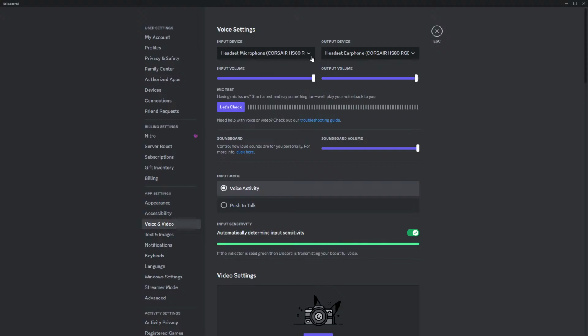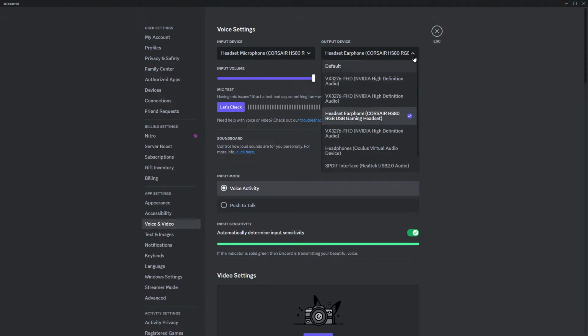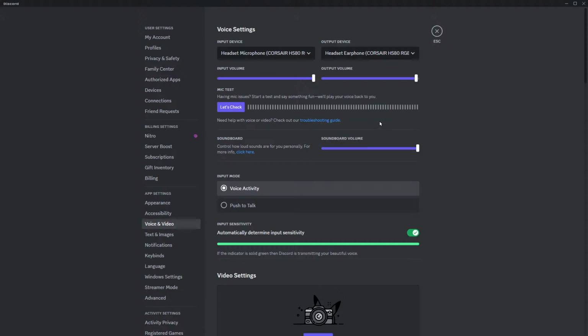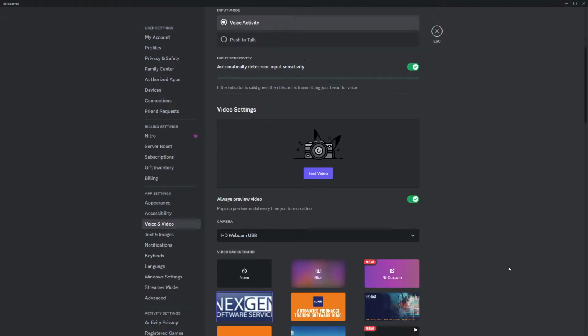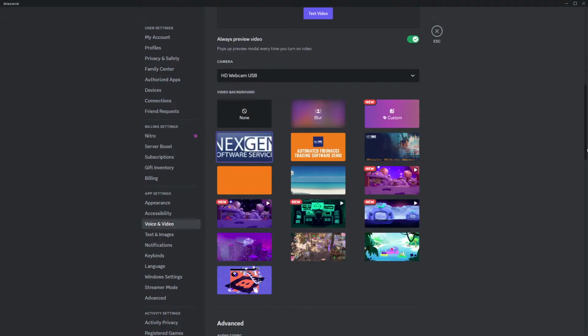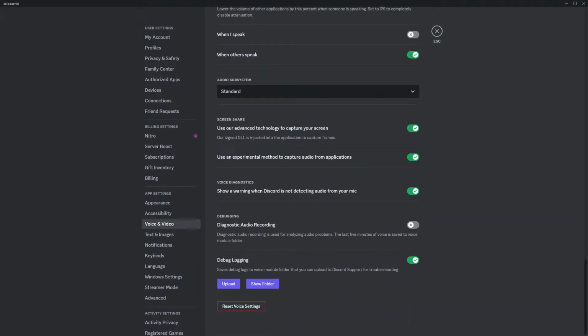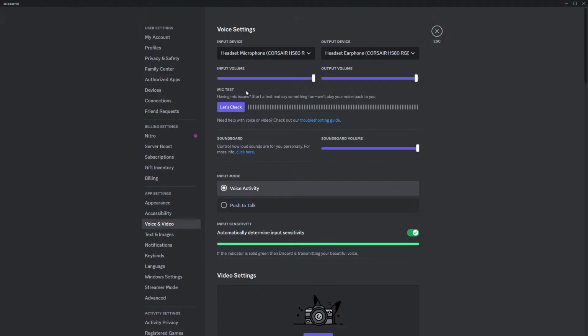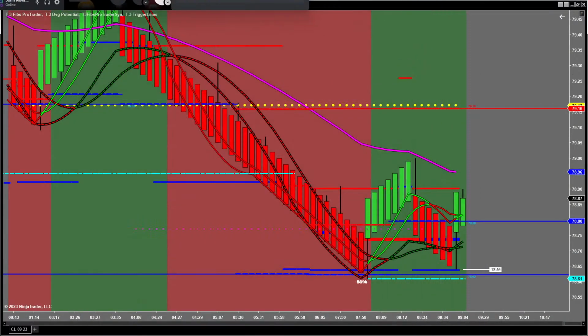Let's see if that helps. All right, go with my USB. You can see down here it's working. For your sound, make sure you've got a sound selected that actually works for you. You can customize anything you want, but that should help you out. Hopefully the microphone's looking good. Chris, thank you for posting that in.